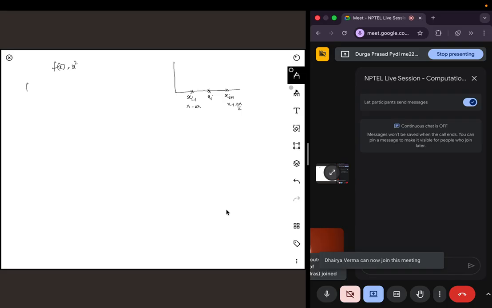Yeah, so can we quickly compute this one? Okay, so we will do x plus, say we want to approximate it. It's central difference, right? Yeah.